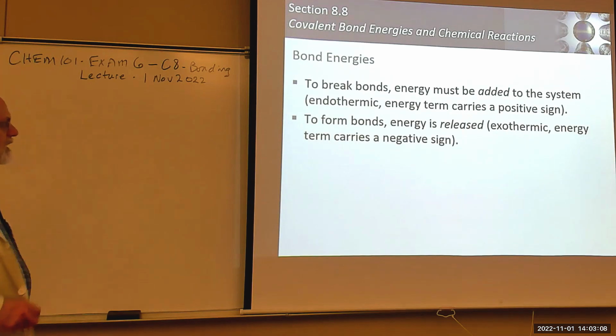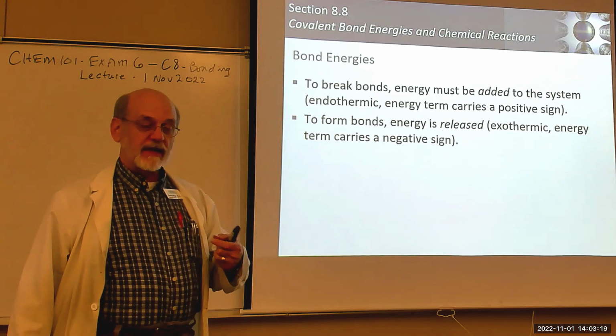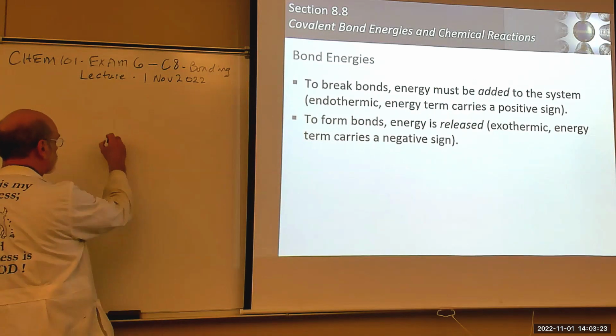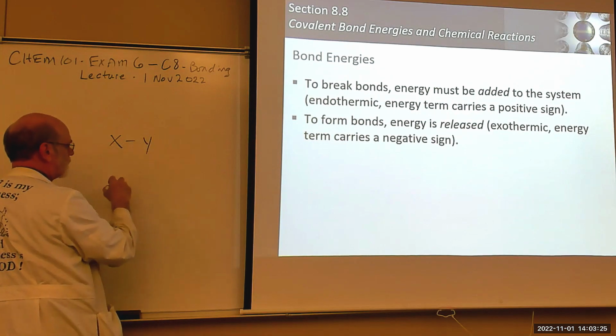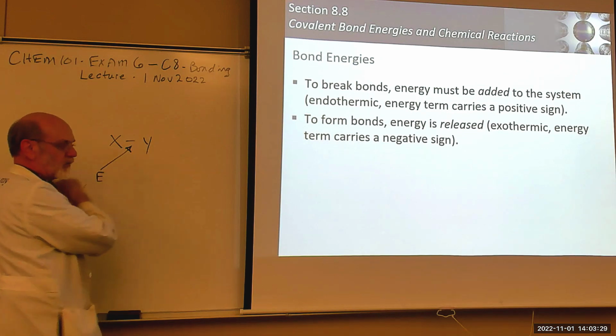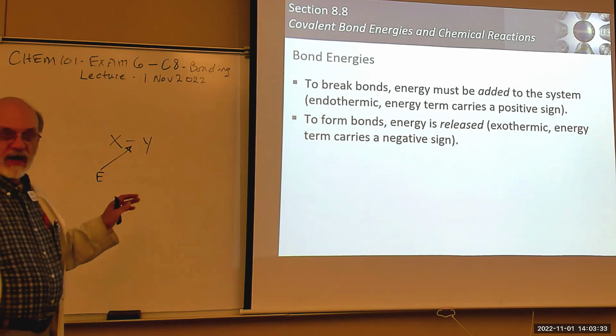Okay. What can we say about bond energies? Right? Every bond has a certain energy associated with it, and it's based upon the fact that if we have a bond between these 2 atoms, then if we put enough energy into it, the bond will break. So that's considered the bond energy.